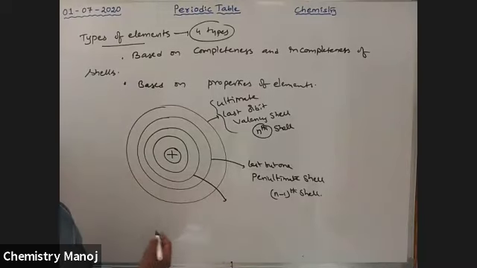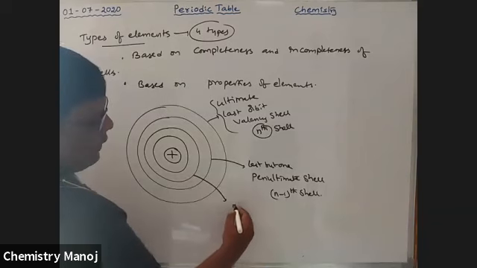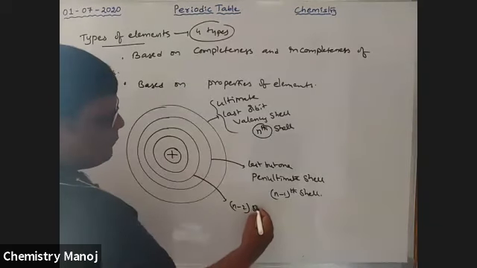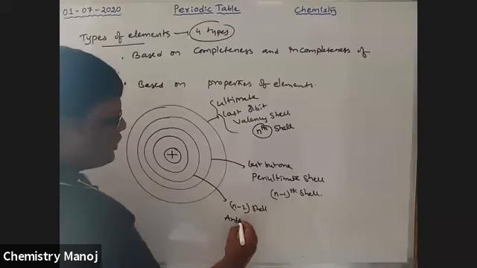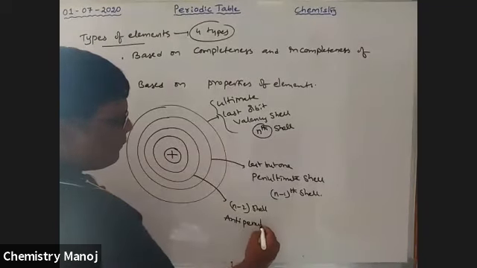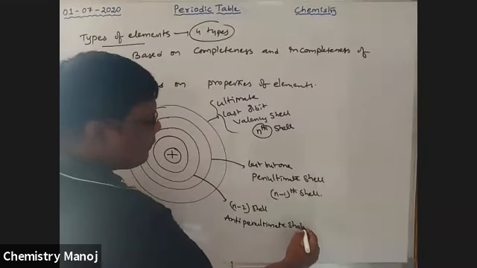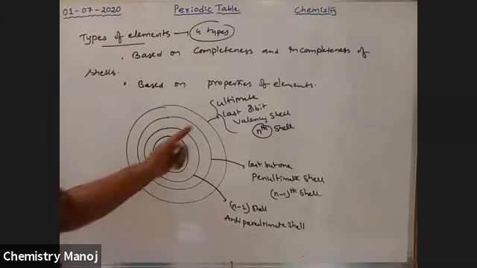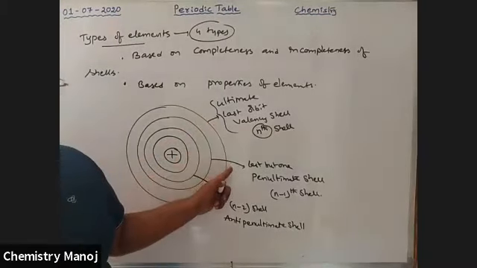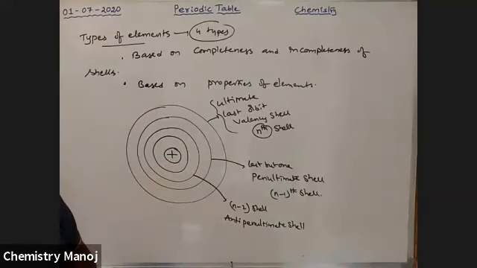This one before it is the (n-2)th shell, which is called the anti-penultimate shell. So see here, the ultimate shell is the last shell, the penultimate shell is the last but one shell, and the inner shell is called the anti-penultimate shell. These are the different shell sets.